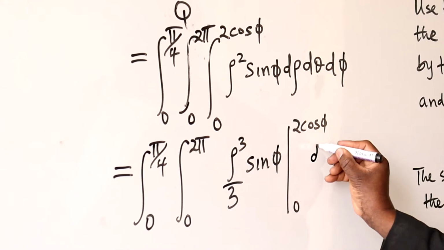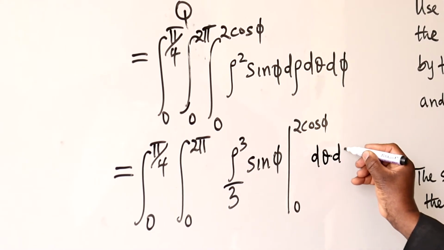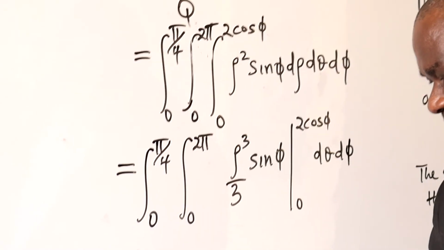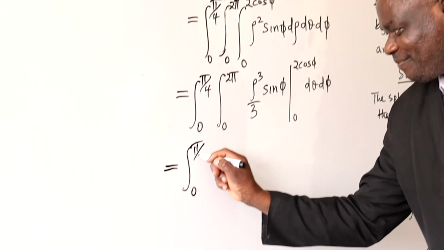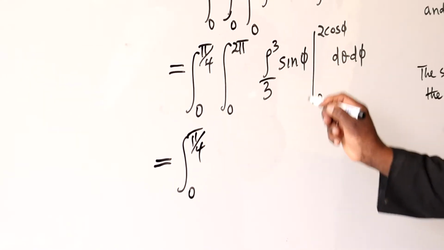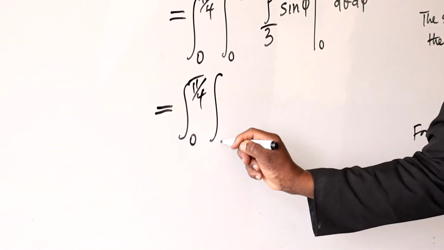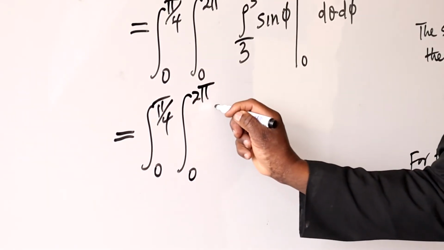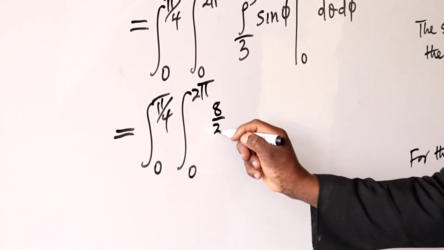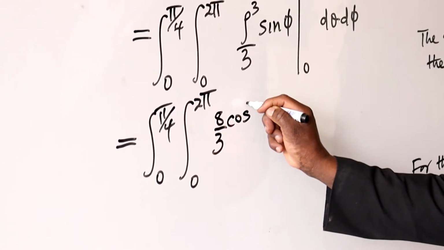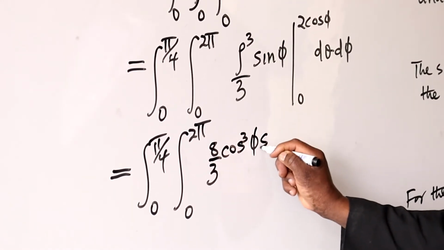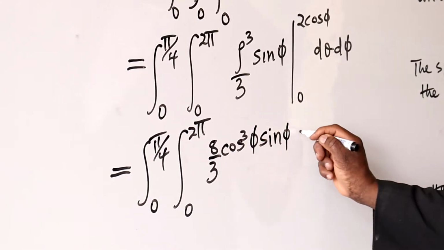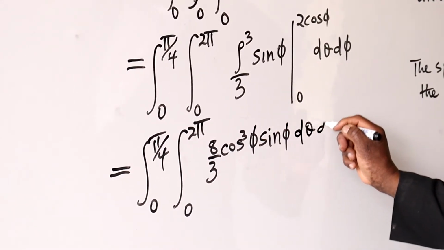Then we remain with d theta and d phi. When we insert these limits, we get what? 2 cubed is 8, so it is 8 over 3 cos cubed phi sin phi, then d theta and d phi.